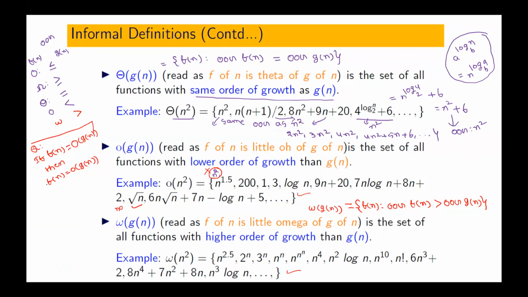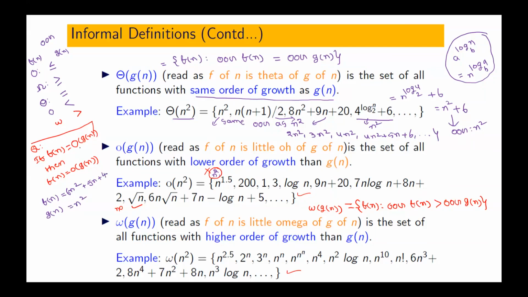Why? Because if something is false, if we can give one counter example, that is sufficient. For example, say f of n is 6n square plus 5n plus 4, and g of n is n square.